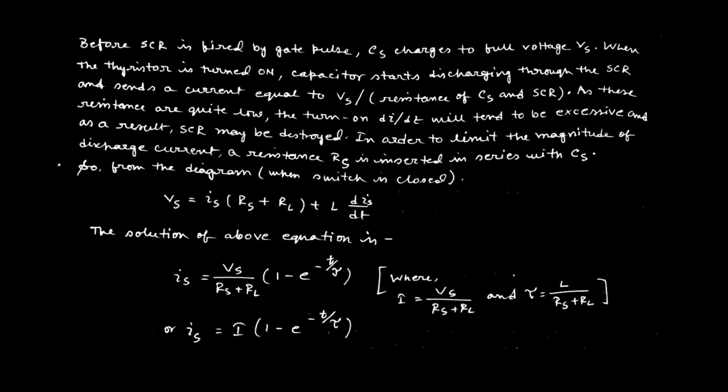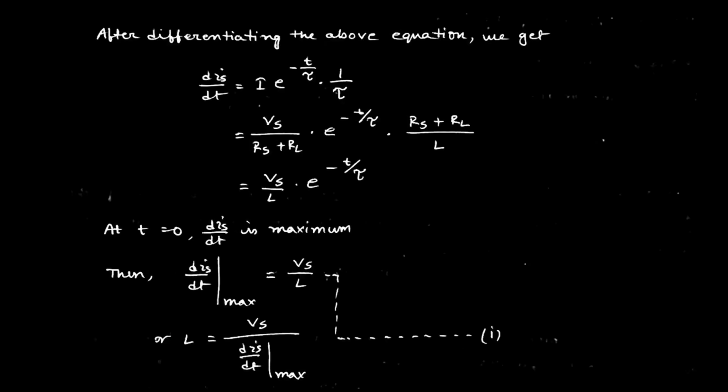Now, we should consider the maximum value of Is, and to find the maxima and minima, we know that we should use the derivative. Differentiating the above equation, we get dIs/dt equal to I into e to the power minus t by tau into 1 by tau.